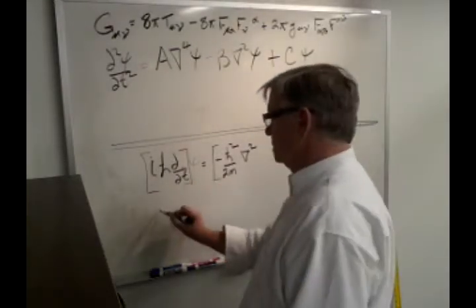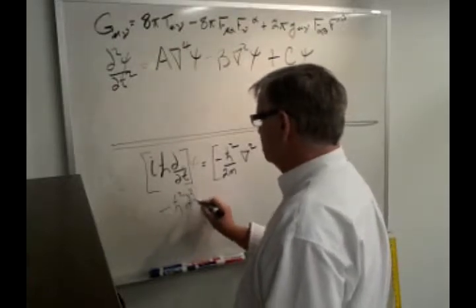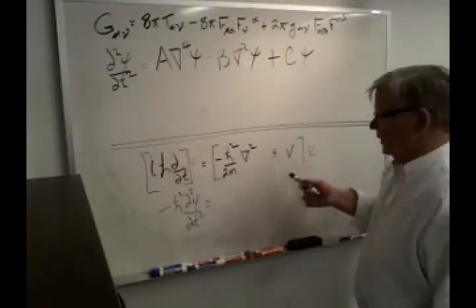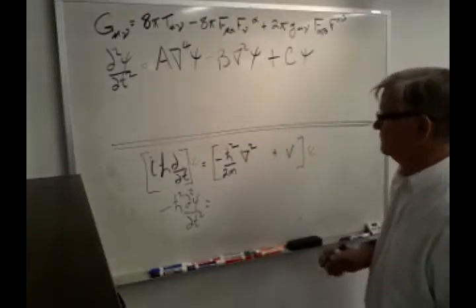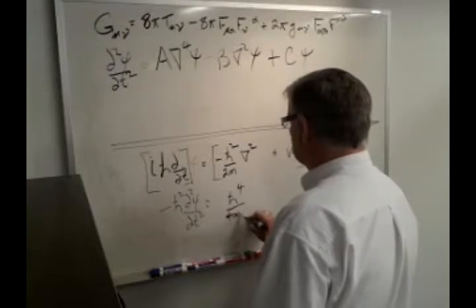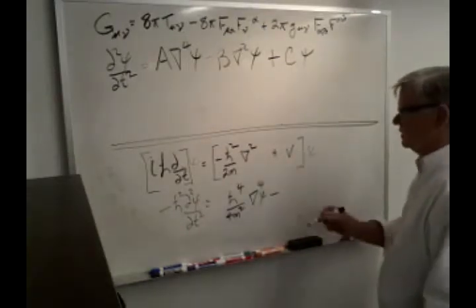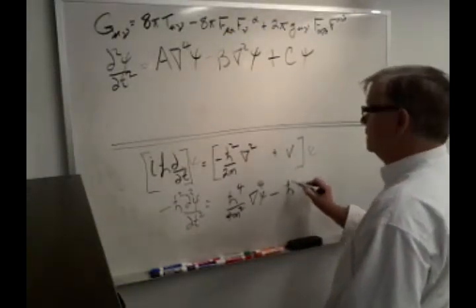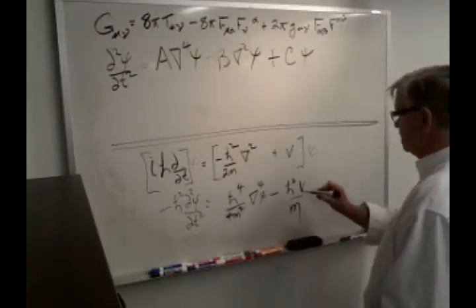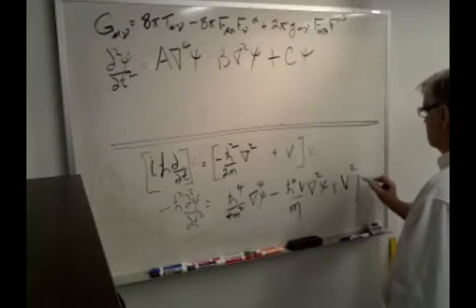So doing this, this operator applied onto itself will be minus h bar squared del 2 psi by del t squared equals this operator being applied onto itself is h bar to the 4th over 4m squared del to the 4th psi minus twice the sum of the things in the middle, which is h bar squared times v, multiplied by 2, so that's m del squared of psi plus v squared psi.